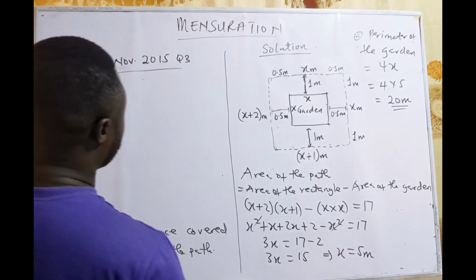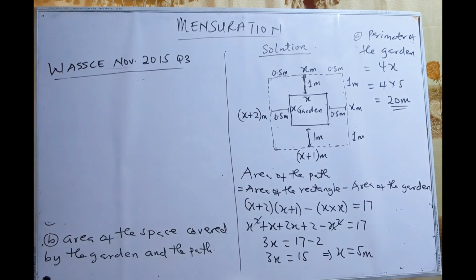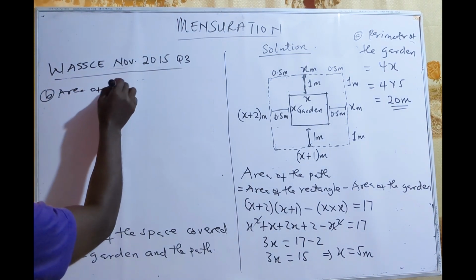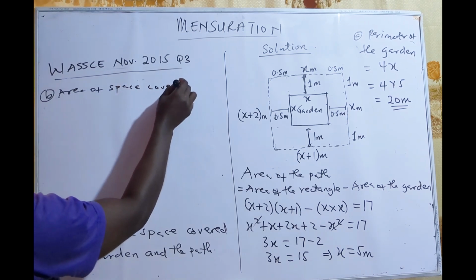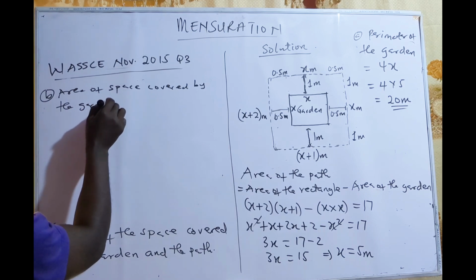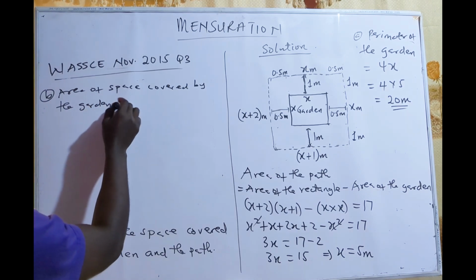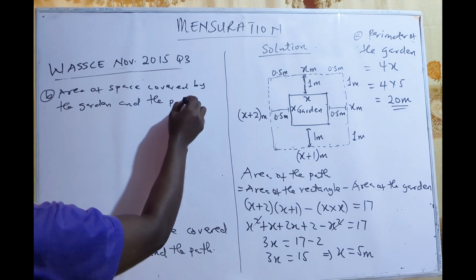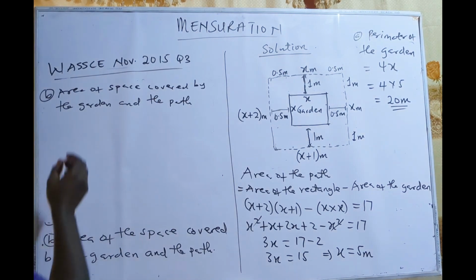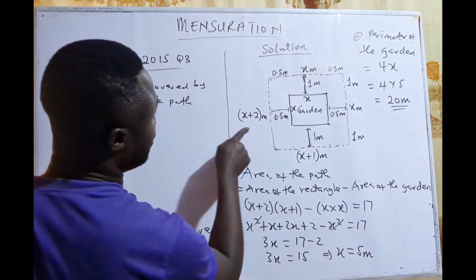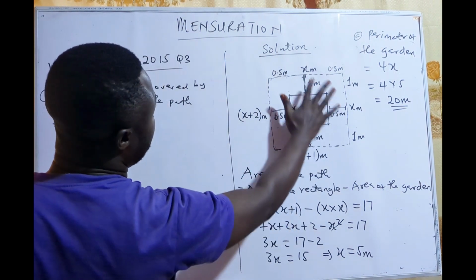So the area of the space covered by the garden and the path will be equal to what? Everything here, when you put everything together, is the rectangle.